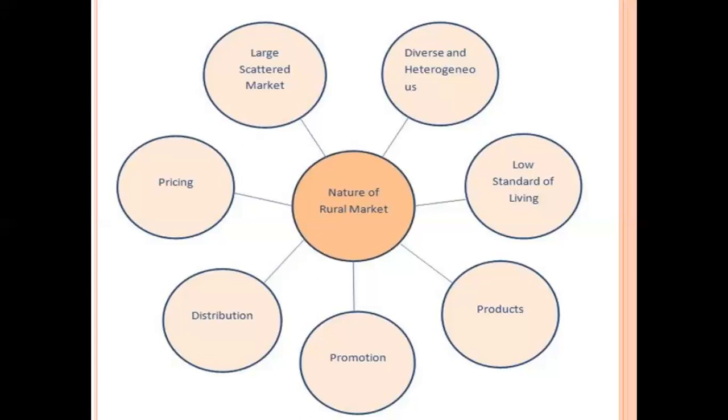Caste, religion, political parties, and religious and spiritual leaders can play a significant role in choosing the retailers. So marketers need to be very careful about which image their product is reflecting.